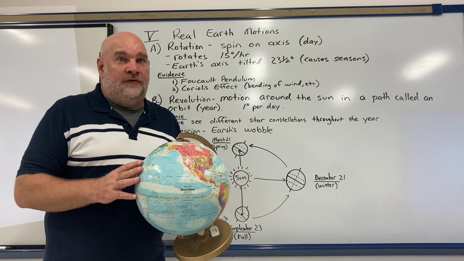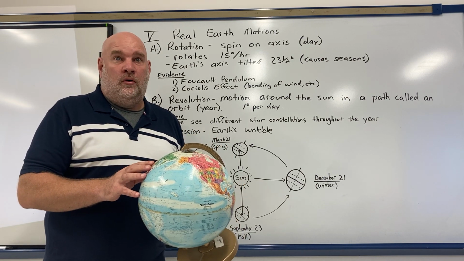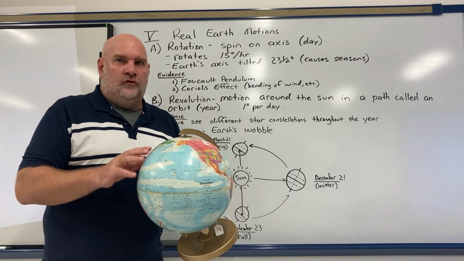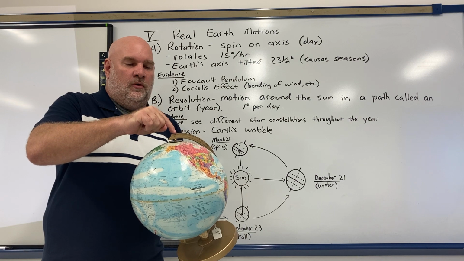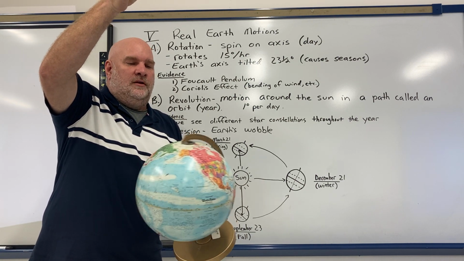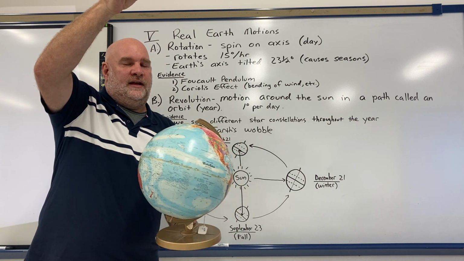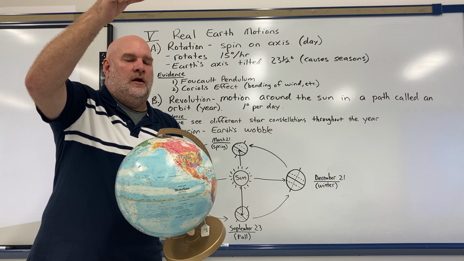Some things that will be affected, for example, is where the North Star is. Right now, the reason Polaris is the North Star is that it's directly above the North Pole like that. But the Earth wobbles like this, so Polaris is only temporarily the North Star.